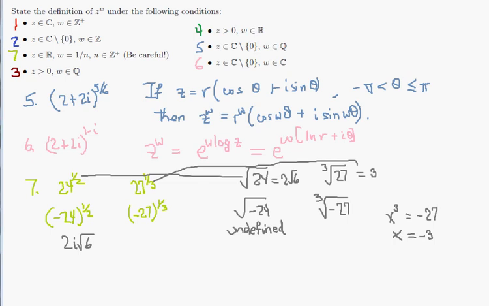Okay. However, if I come back to negative 27 to the 1/3, that is 27 times cosine pi plus i sine pi, to the 1/3.